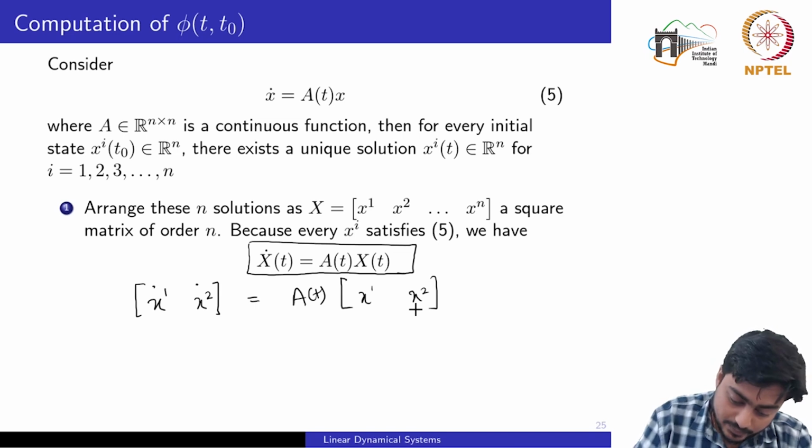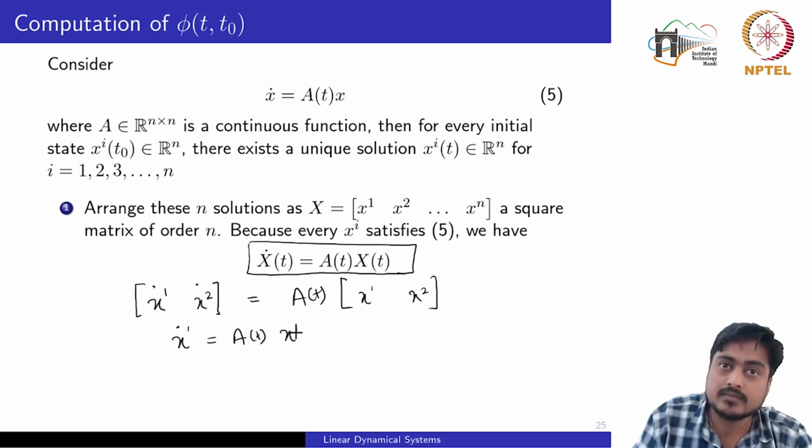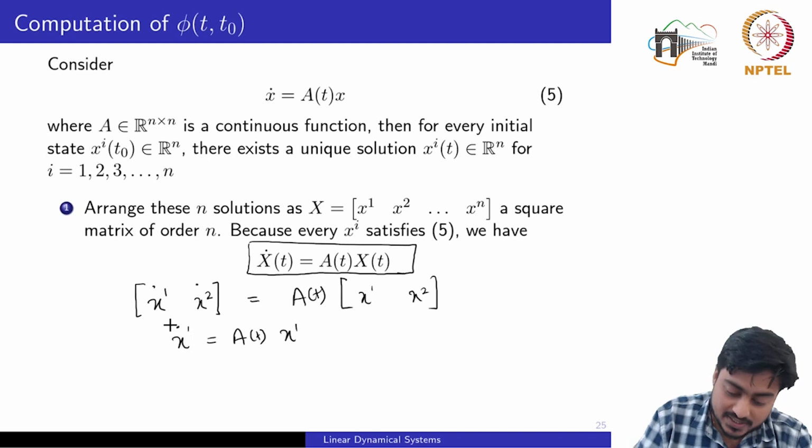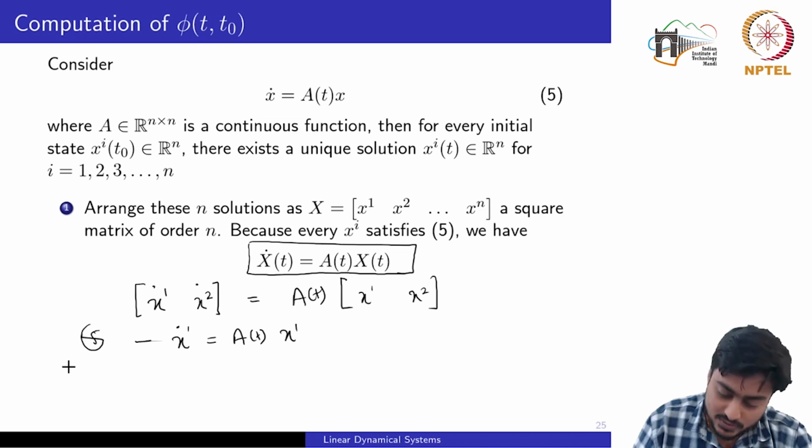So in the preliminary step we have computed that x1 dot is equal to a of t x1, and this 1 in the superscript denotes the different initial condition, but the state remains the same. Basically this is equation number 5. So if I club all these equations 5 for different initial conditions having a different unique solution, then it would give me this equation, right?